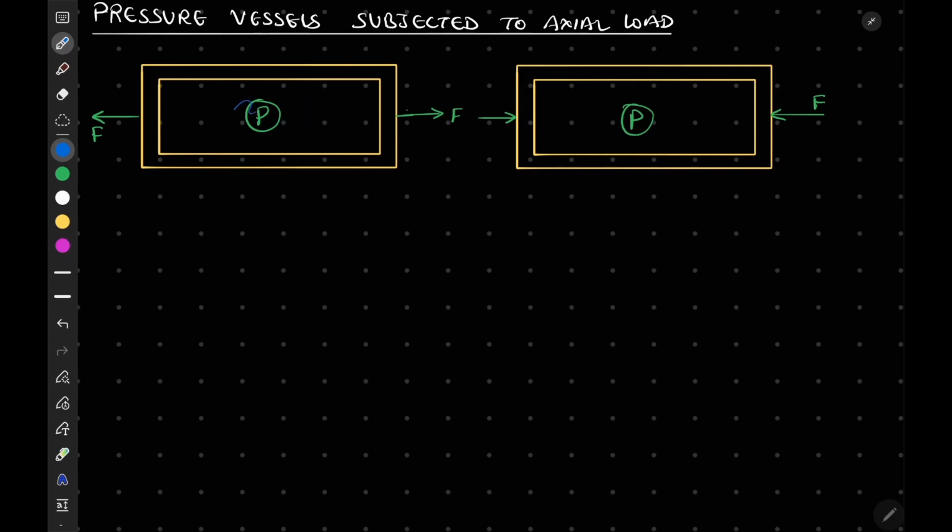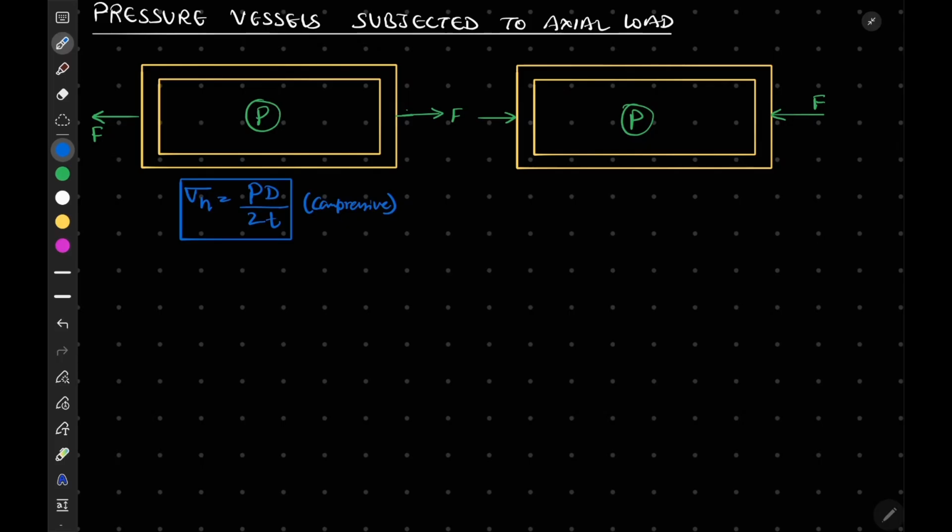Due to it, the pressure will decrease, and due to the change in pressure the value of hoop stress will become negative. So sigma h here is equal to PD by 2T, and this is compressive.